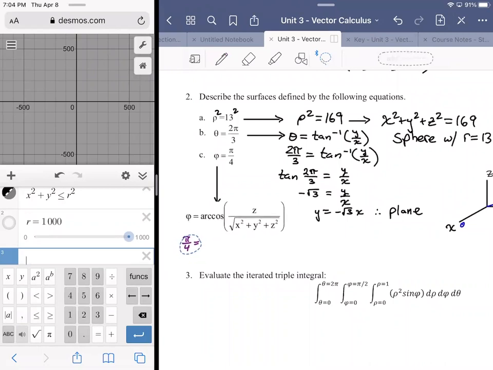Right. So I am going to skip a step though and take the cosine of both sides. If I do that, it releases the z over the radical. So it gives you cosine of pi over 4 equals z over the square root of x squared plus y squared plus z squared.